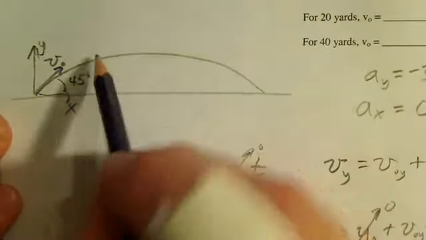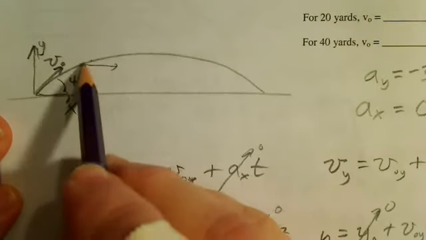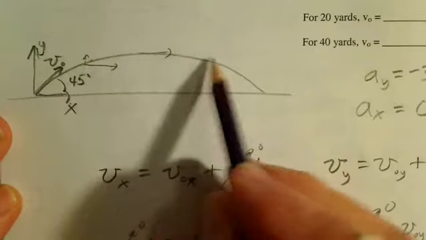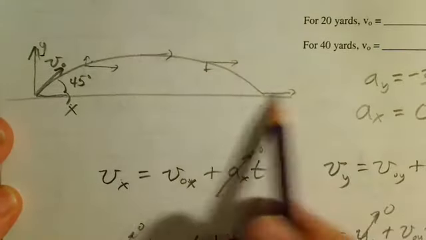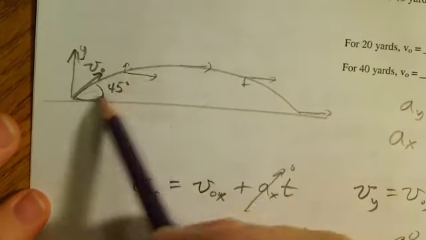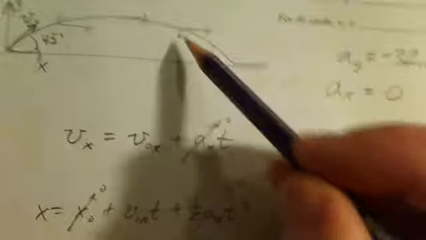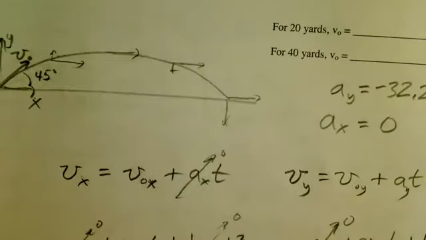You can see the x component is always the same, but the y component is the one that's changing: it gets shorter, becomes 0, and then gets longer in this direction. So that's all that's really saying, not getting much out of that one.